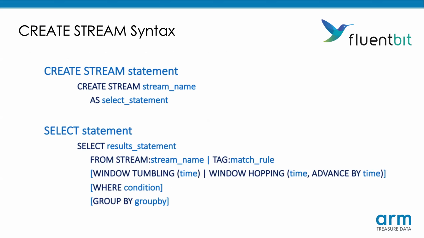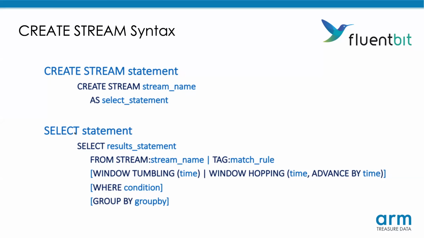This is the syntax. This is a simplified syntax, we can say. We will see that in the demo later. You can write CREATE STREAM name AS, and now you can have a SELECT statement similar to SQL.